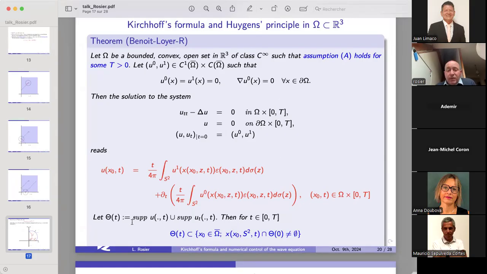If we denote by theta the support of u and u_t, we can say that theta at time t is included in the set of points x0 such that the wavefront corresponding to x0 at time t intersects the support at time 0.